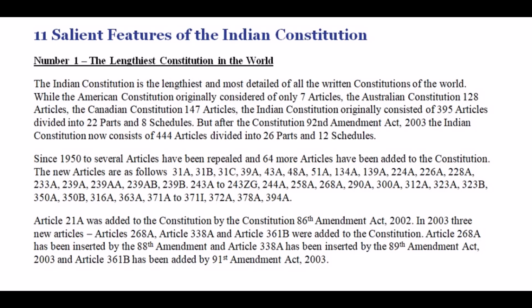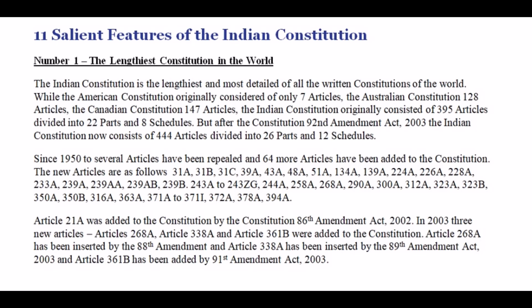While the American Constitution originally consisted of only 7 articles, the Australian Constitution 128 articles, the Canadian Constitution 147 articles, the Indian Constitution originally consisted of 395 articles divided into 22 parts and 8 schedules.